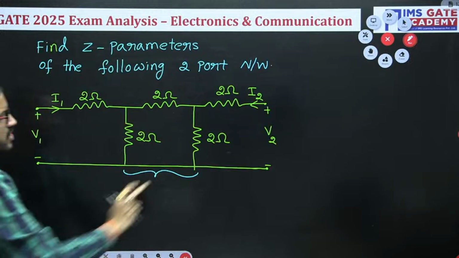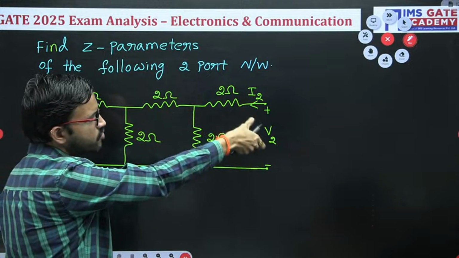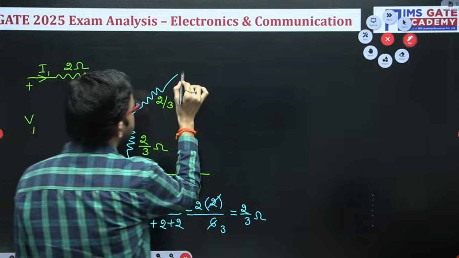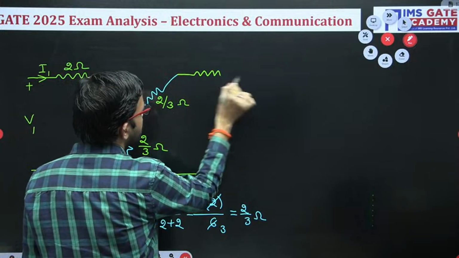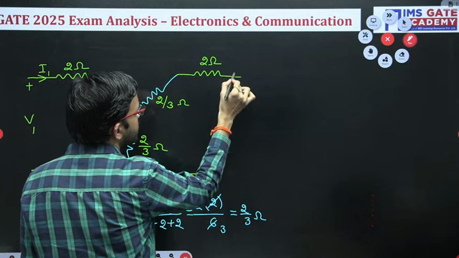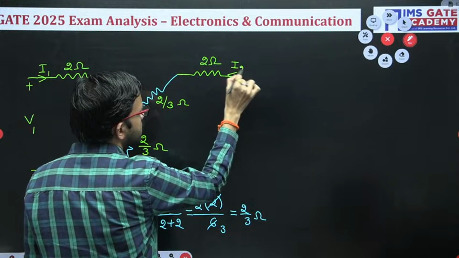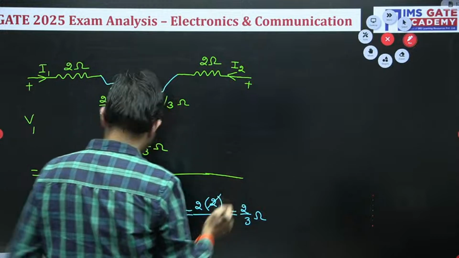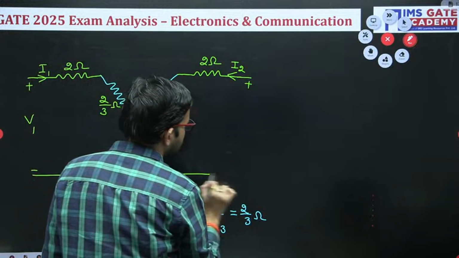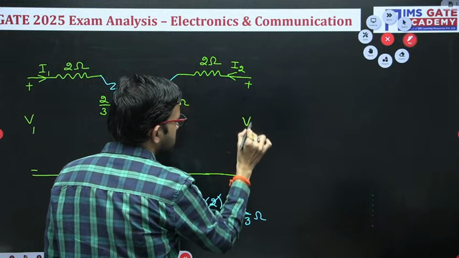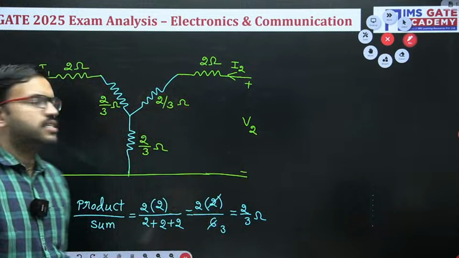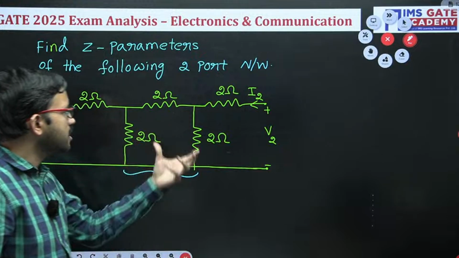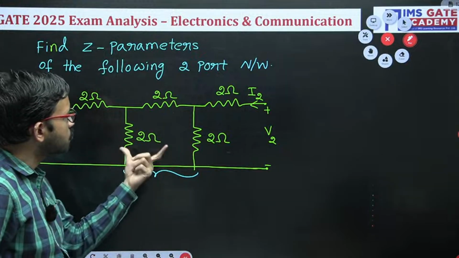Similarly, you can observe here a 2 ohm resistor, voltage V2 and current I2.